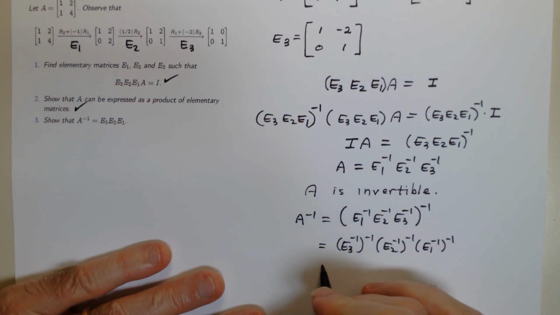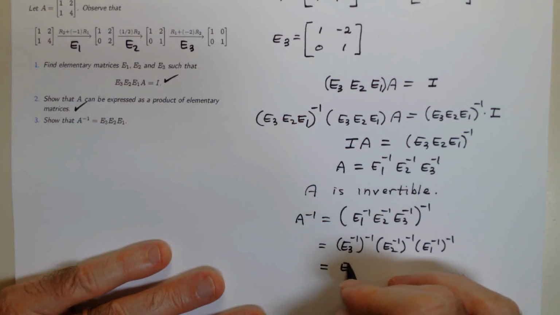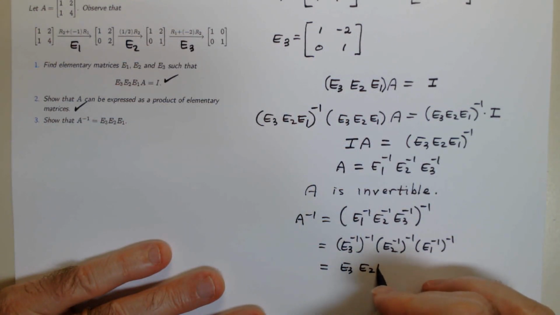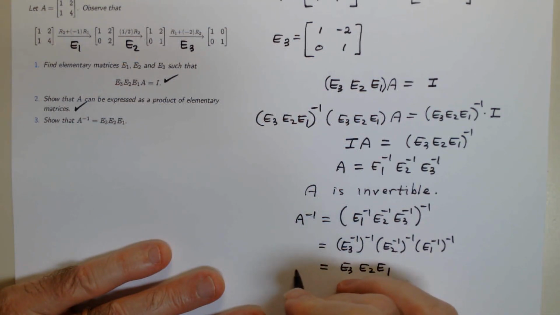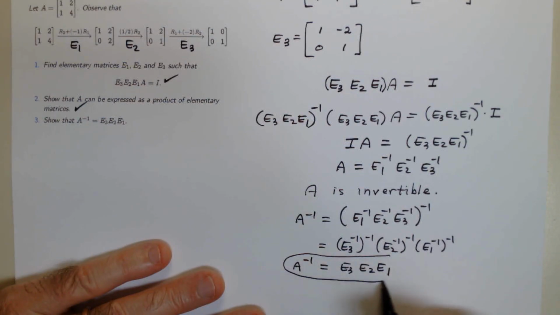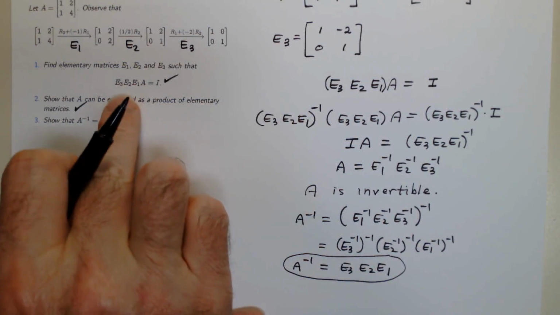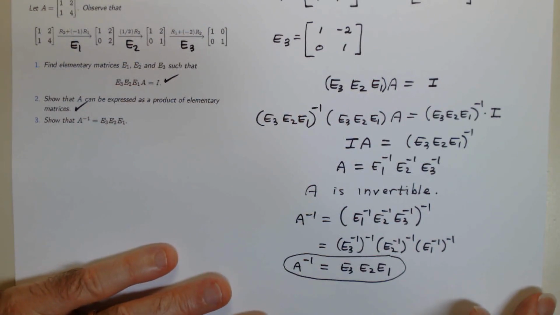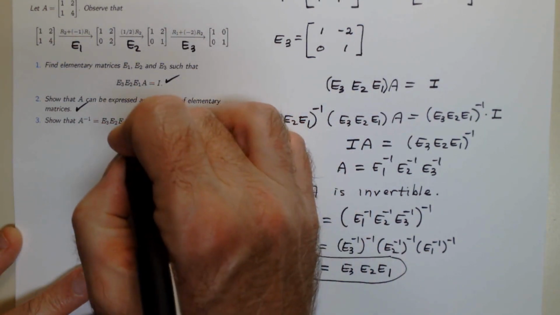Okay. Now the inverse of the inverse is the matrix itself. So this is just E3. This is just E2. And this is just E1. So the inverse of A is just that product of elementary matrices that we see here. All right, and that's our proof.